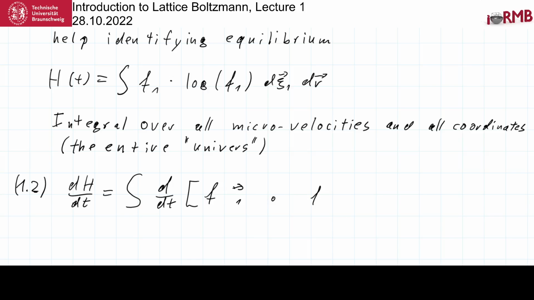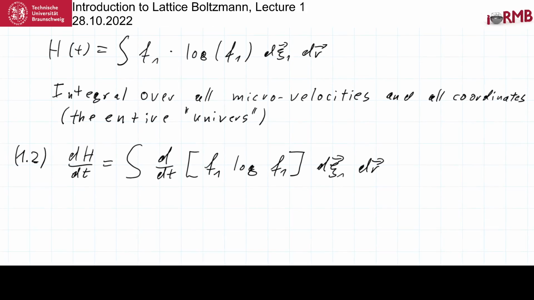Now I write it in shorthand so that it's consistent: f1 log f1. But remember there is a ξ inside of this. So this is integrated over ξ1 and over the entire universe.